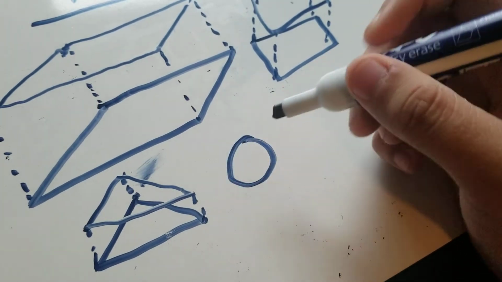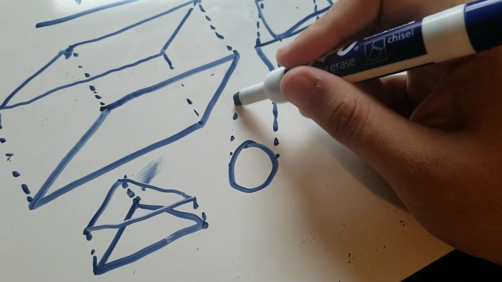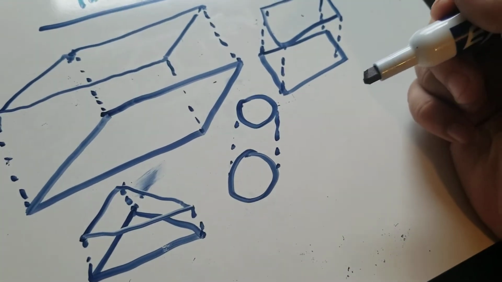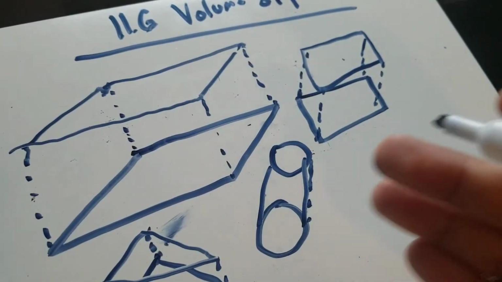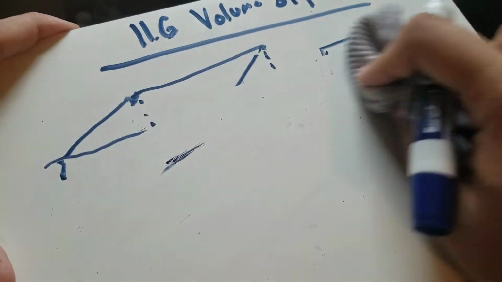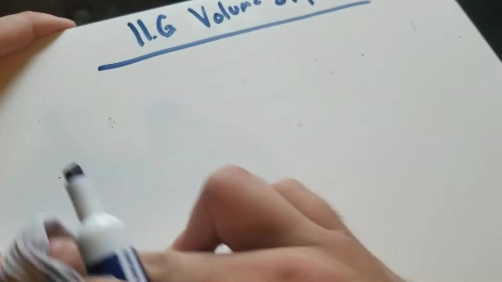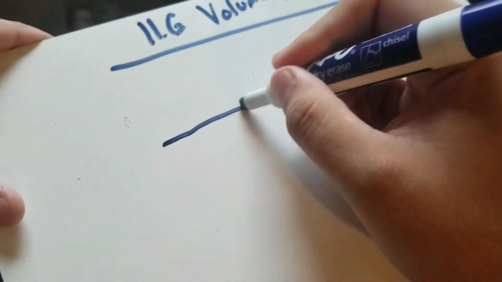We have a circle, and then it's projected out. Any cylinder you've seen, probably like a can or a cup, is a cylinder. So those are the basic prisms that we're going to deal with. Now, how do we find the volume of said prisms? Well, let's take a rectangle because that's pretty easy.